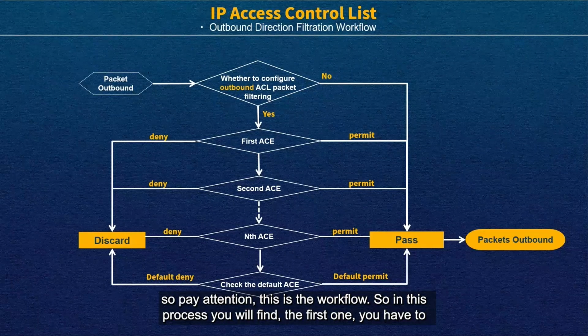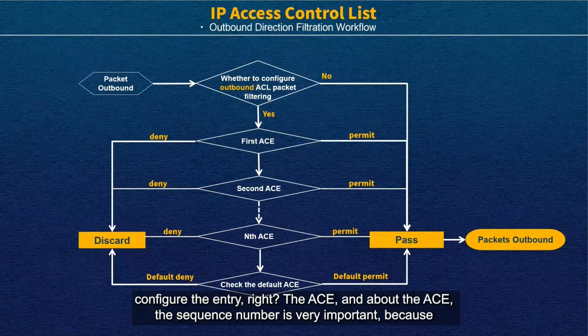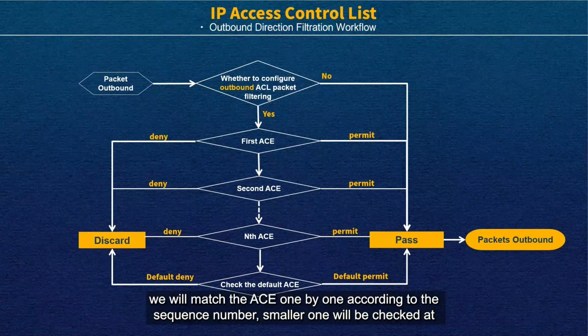So in this process, you will find the first thing is that you have to configure the entry, the ACE. And about the ACE, the sequence number is very important because we will match the ACEs one by one according to the sequence number. The smallest will be checked first.